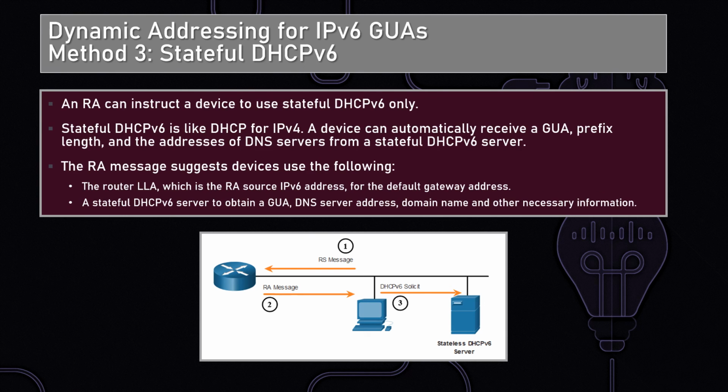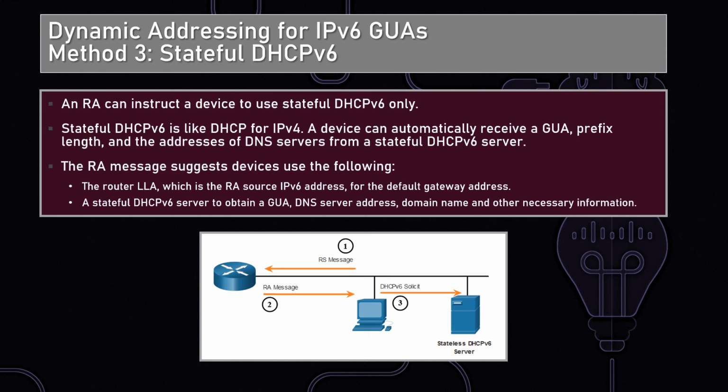Now, an advertisement message can instruct a device to use stateful DHCPv6 only. Stateful DHCPv6 is just like DHCP for IPv4. You automatically get a GUA, prefix length, and the addresses of DNS servers. Now, an RA message here is going to suggest that devices use the following: the router LLA, which is your source IPv6 for your default gateway.